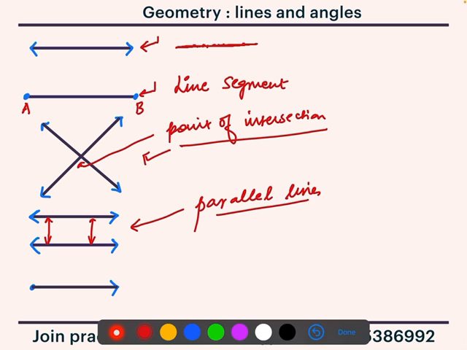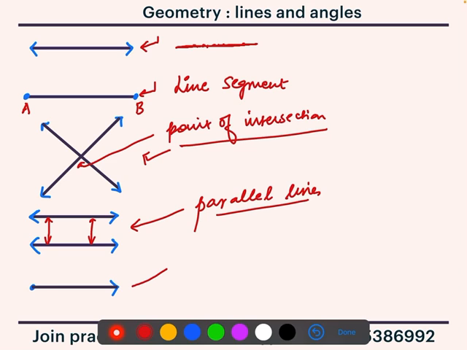That's why they are called parallel lines, as they would never meet each other. So there are a lot of properties and angles that we are going to study about the parallel lines and a transversal that's going to hit the parallel lines. So later in the videos, we are going to learn about the parallel lines and the angles made through them.